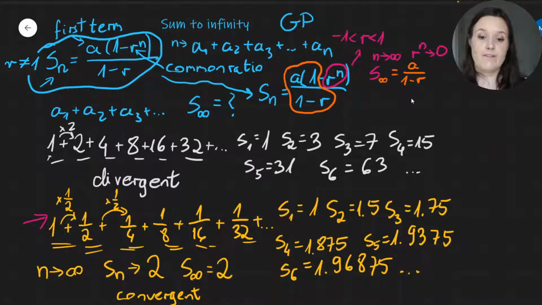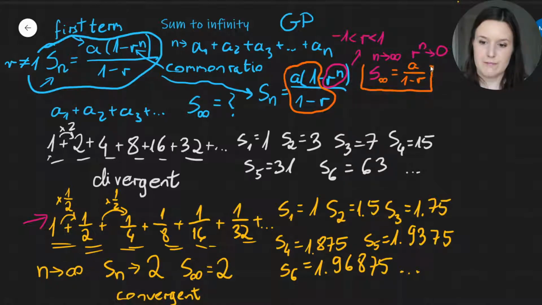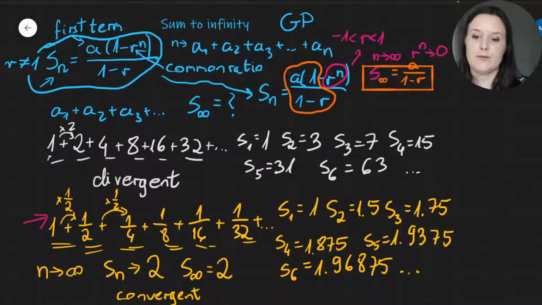So if the common ratio is a fraction between minus 1 and 1, as n tends to infinity, r to the power of n tends to 0. And then the sum to infinity is a over 1 minus r. So this is the formula we have to remember, and that happens for r between minus 1 and 1.